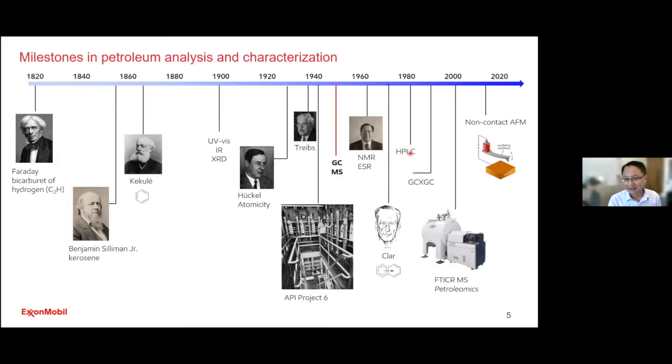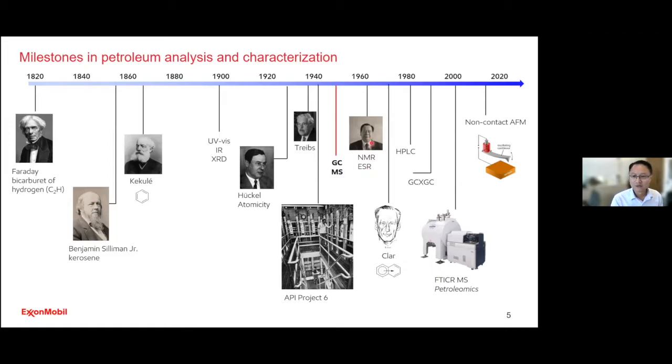About the 1980s, HPLC came into play, so more liquid compounds with higher boiling points could be characterized. I put here around 1960, NMR and ESR, which are very important, powerful tools.